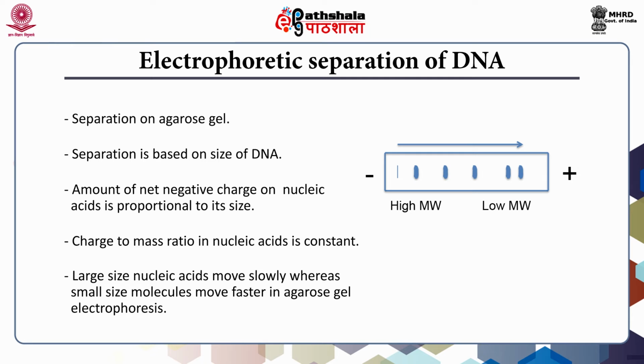In both agarose gel electrophoresis as well as SDS-PAGE, separation is based on size of nucleic acids and protein respectively. In both cases, charge to mass ratio of respective macromolecules is constant.